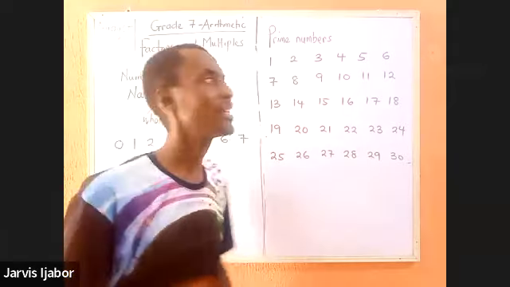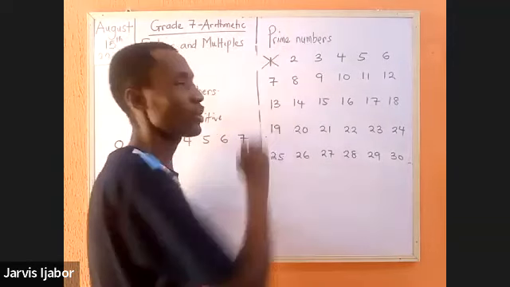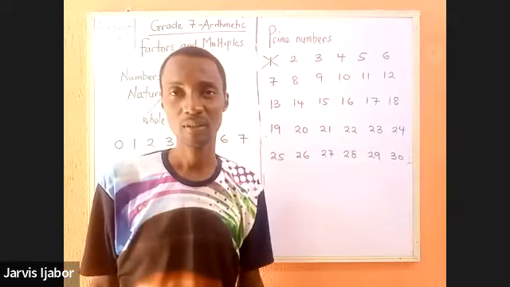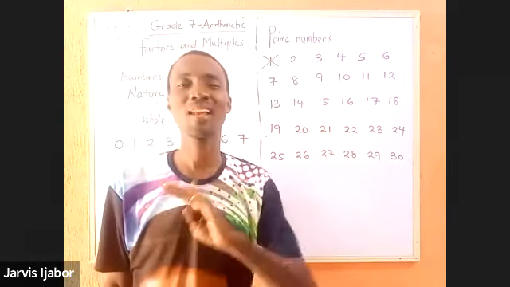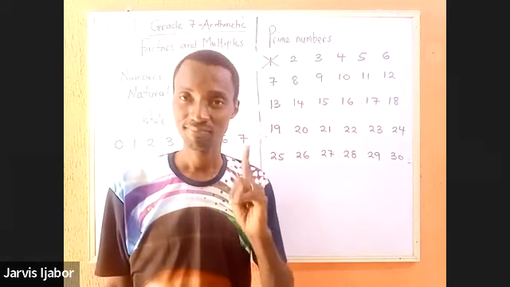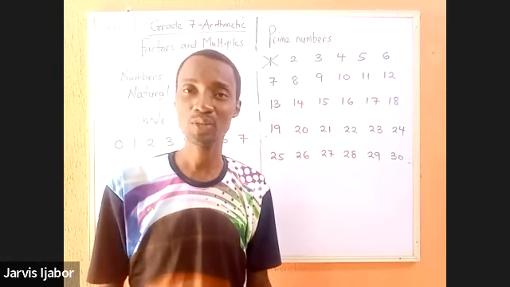So that eliminates 1 from our choice of prime numbers. So we would say that 1 is a neutral number. Sometime later, you get to understand this better.